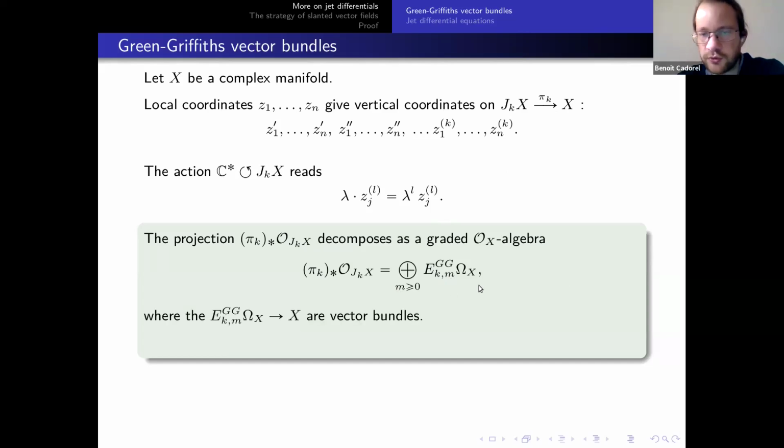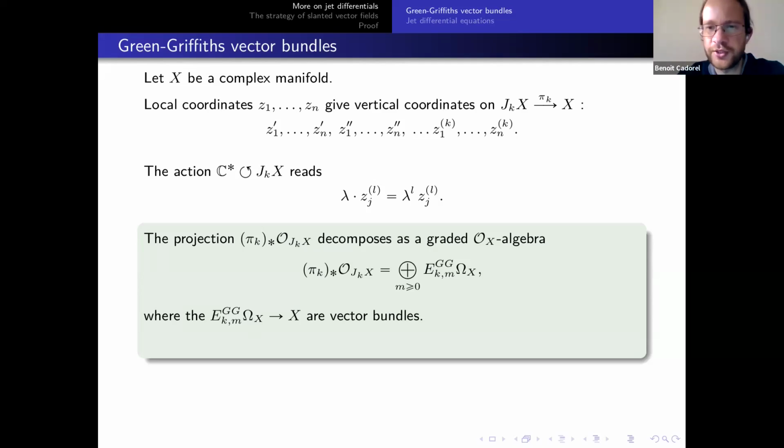So what happens here is that for each weight m, you get a vector bundle, which you will usually denote with this notation. GG, of course, stands for Green-Griffith. And we use this notation omega to remember that these spaces stand on the side of forms on X rather than vectors.